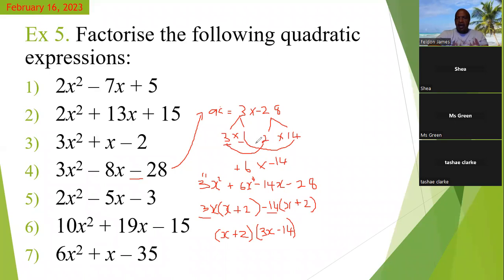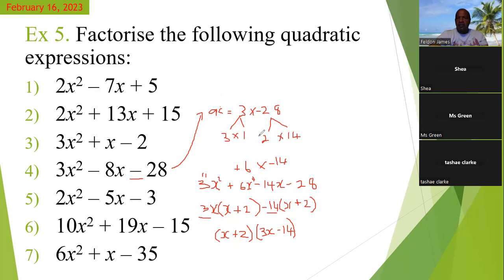Now, once you have the two sets of factors, what we did here was to recombine them. From the 3, we got 3 and 1.